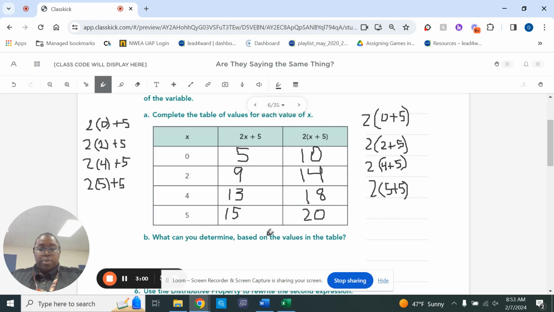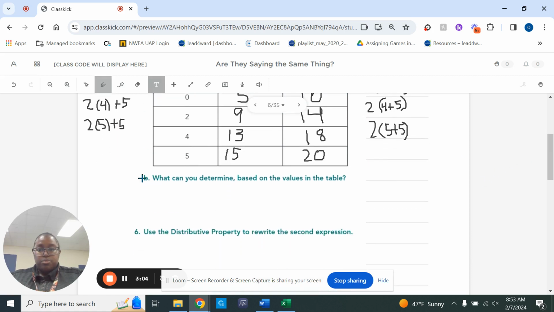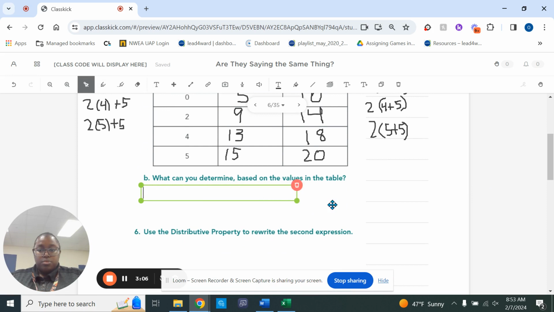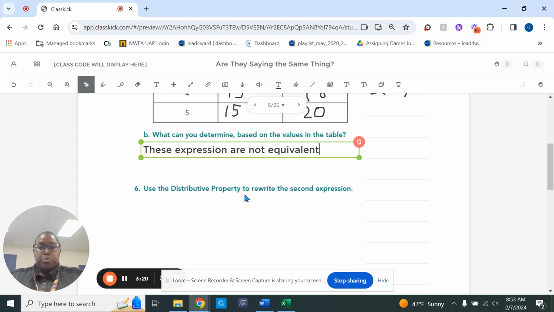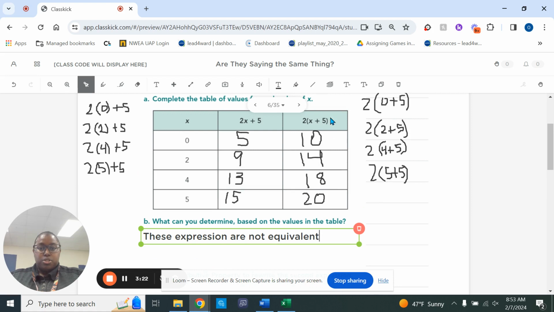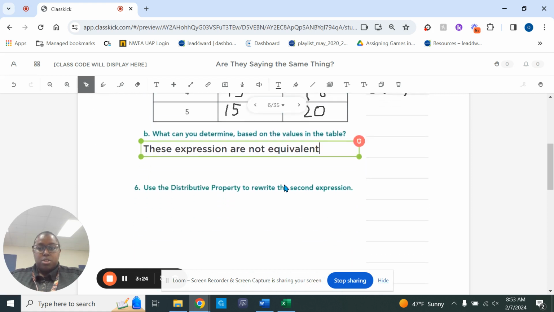What can you determine based on the values in the table? These expressions are not equivalent. Use the distributive property to rewrite the second expression, which is this one.